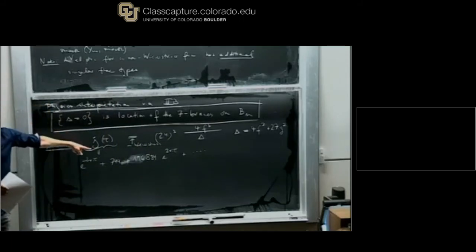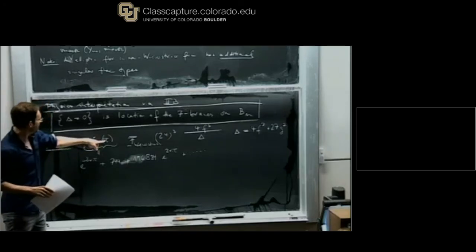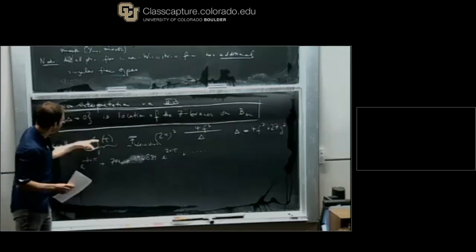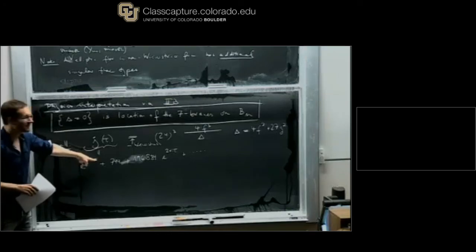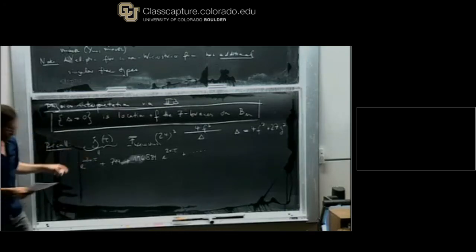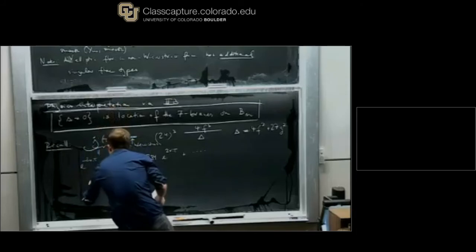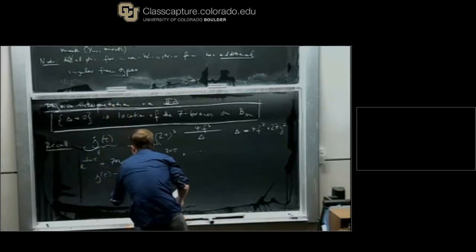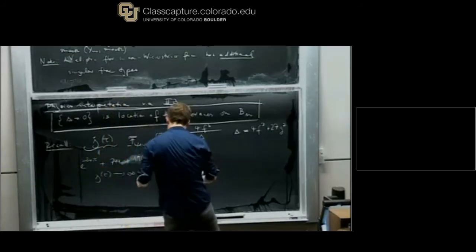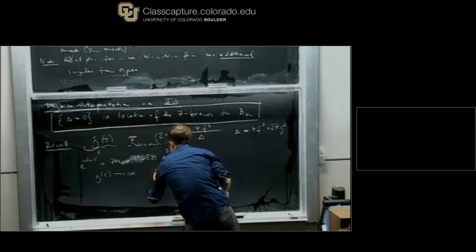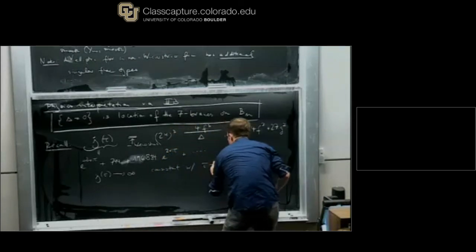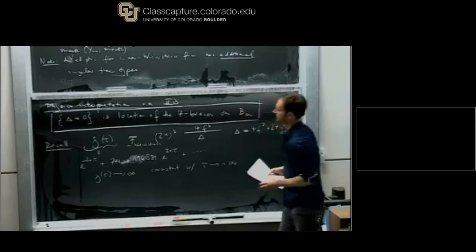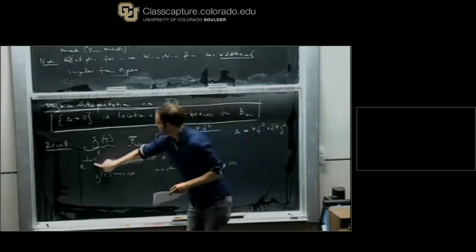Now this is a heuristic argument. If j of tau goes to plus infinity, then this is consistent with tau going to i infinity, because of this.